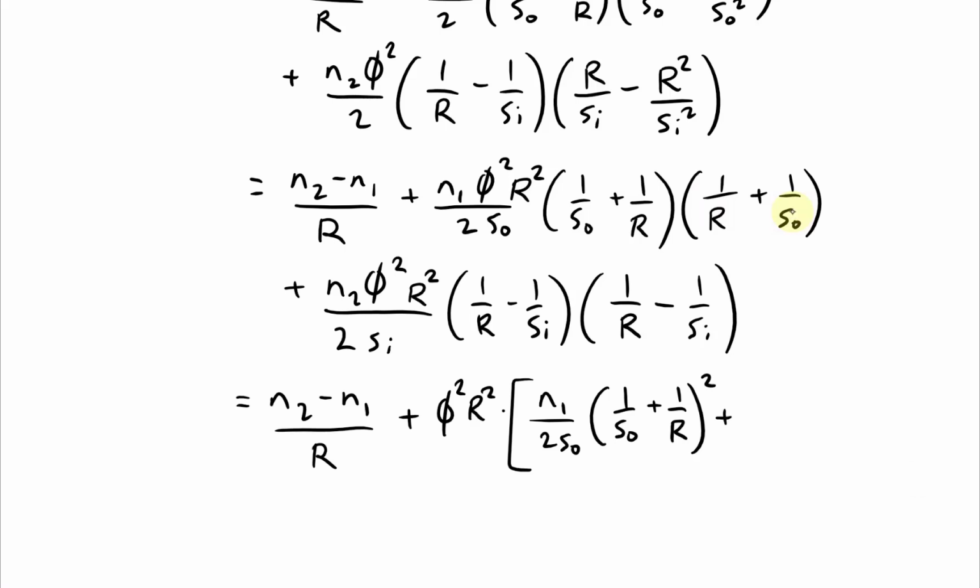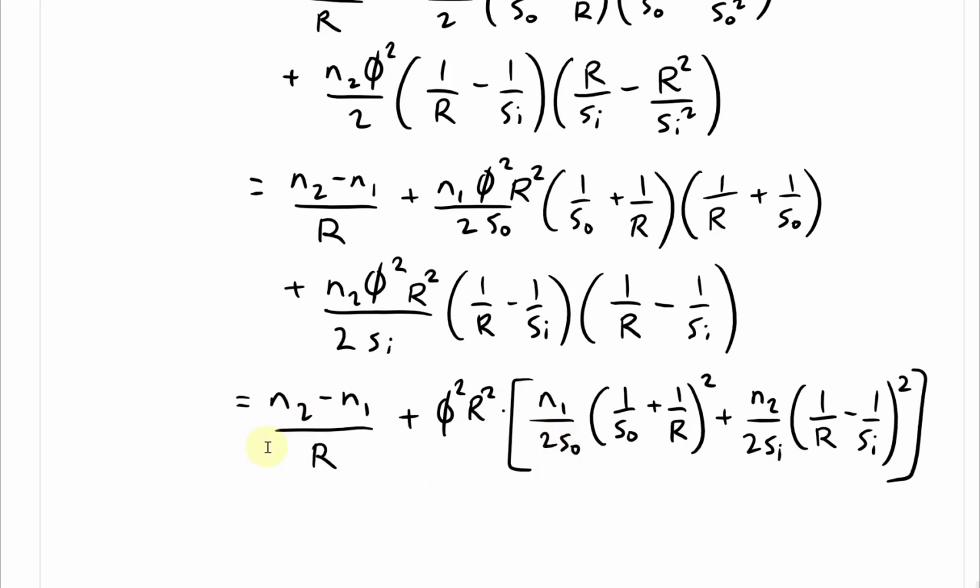Then plus, and the next one's going to be, well, this is going to be an n2 over 2si. So it's n1 over 2so, n2 over 2si, times 1 over r minus 1 over si, all squared and close bracket.